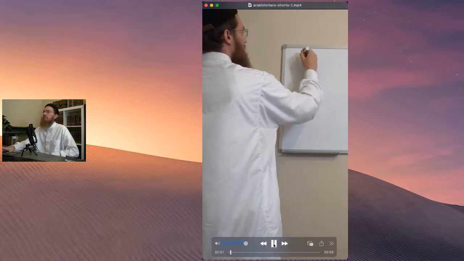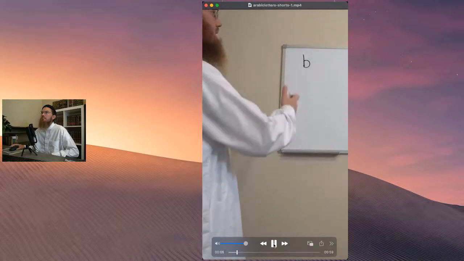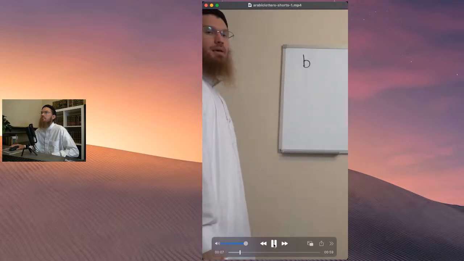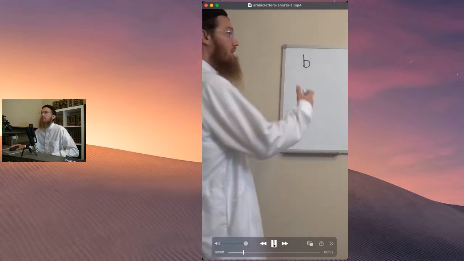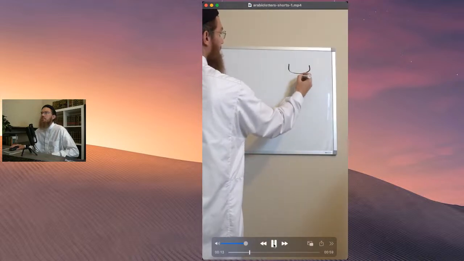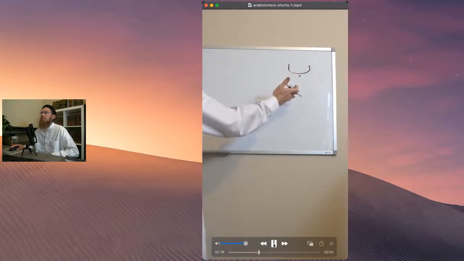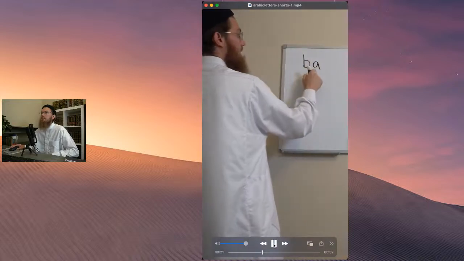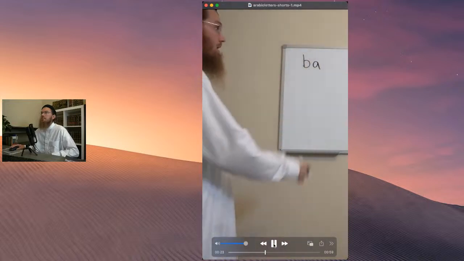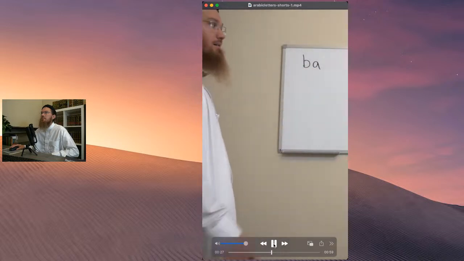When it comes to English letters, which letter is this? B. Yes, this is the letter B. What sound does the letter B make? B. B. Very good. In Arabic, we have this symbol, which represents the same kind of sound. This is called the letter ba. In English, what letter is this? A. What sound does the letter A represent? A. Very good.